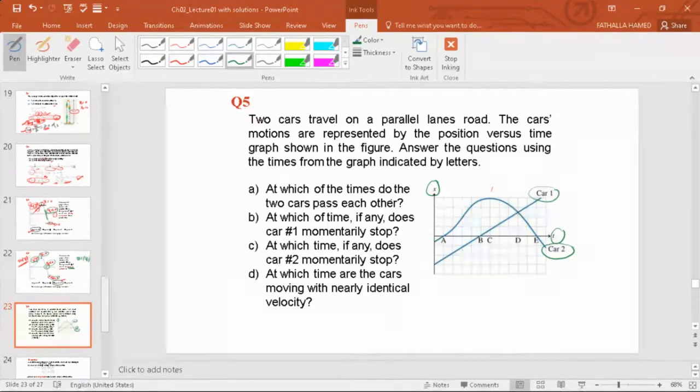At which time do the two cars pass each other? Well, they will pass each other at the same time, right? And the only way this will happen is if they are basically at this point here. So they will do that at point D here.